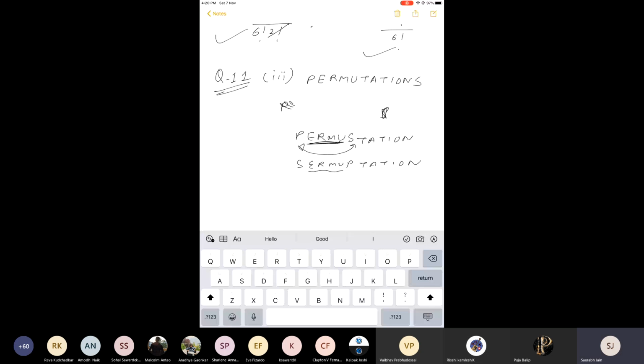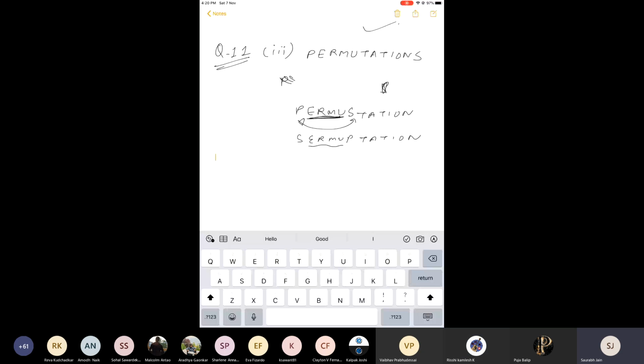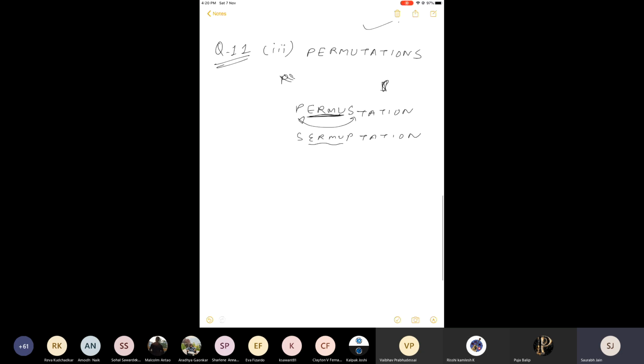Yes, anyone? So we can find out in how many ways, in which positions P and S will be there. So how is it possible? You want to say that P can be at the first position, S at the second, then P at the first, S at the next position, like that?